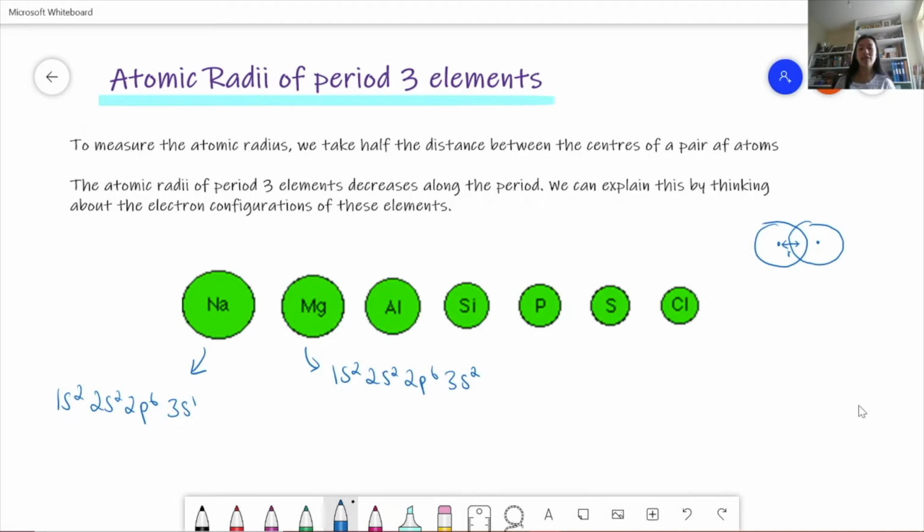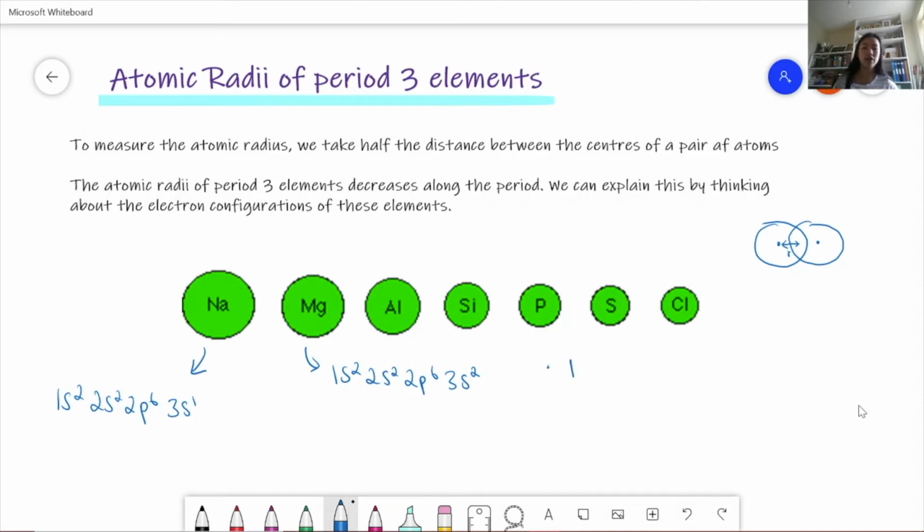But what is different is that sodium has fewer protons than magnesium, and so the nuclear charge of sodium is less than magnesium.